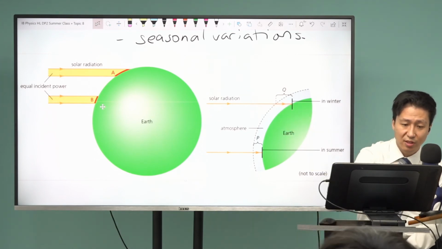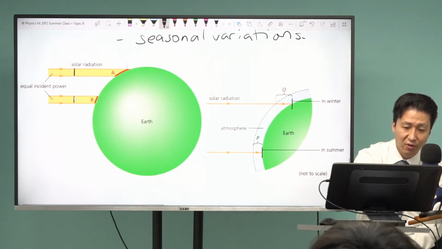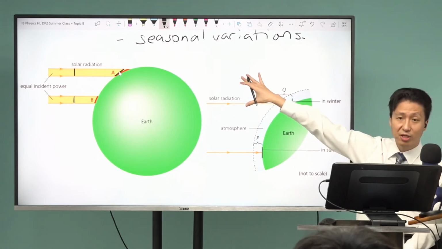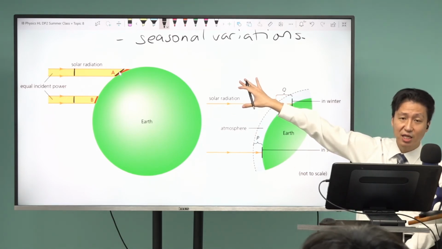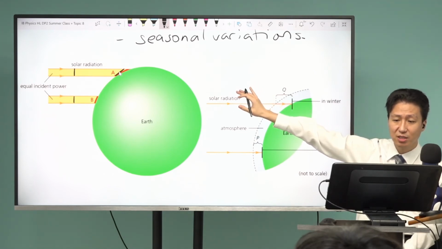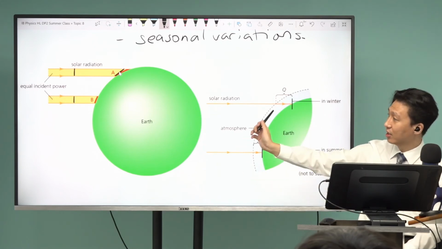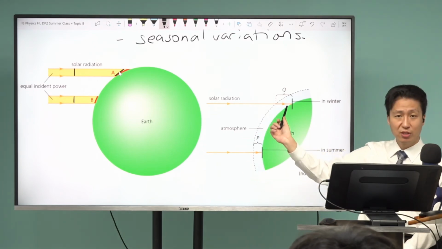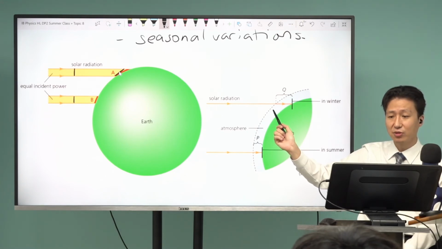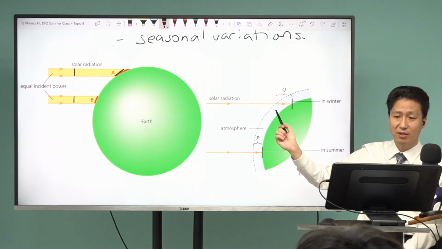So here and here, the amount of power is the same, but because it's spread across a bigger area, the intensity is lower, so you get less power per meter squared. That's the first thing. The second thing is, because it goes through more atmosphere, it scatters more, and therefore it's also less intense, right?